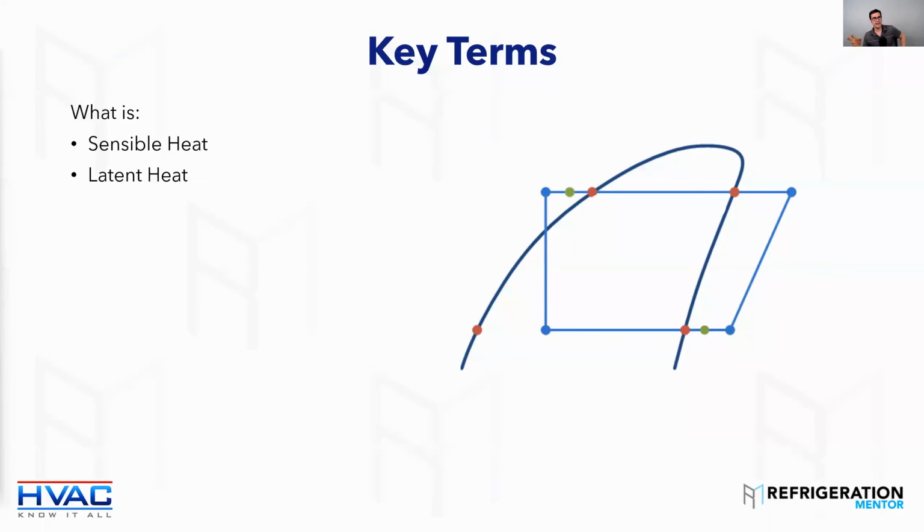Yeah, in the form of air conditioning. It's really any energy absorbed or released by a state change. So it causes a change of state, correct? Yeah, you're changing from a vapor to a liquid to a vapor.